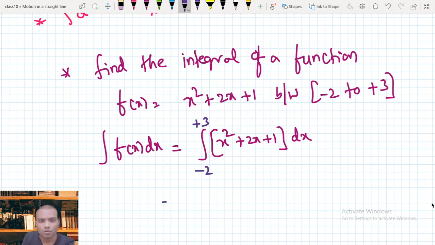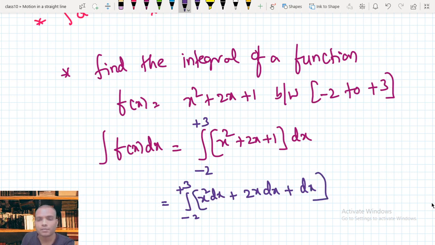Now, first we can divide the function. Integral from minus 2 to plus 3, we multiply with the dx, so that is x square dx plus 2x dx plus dx.